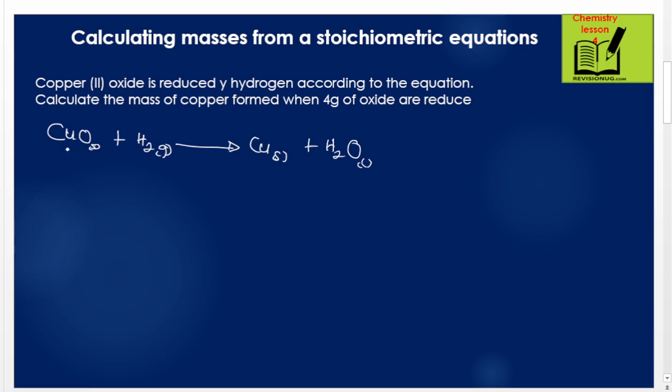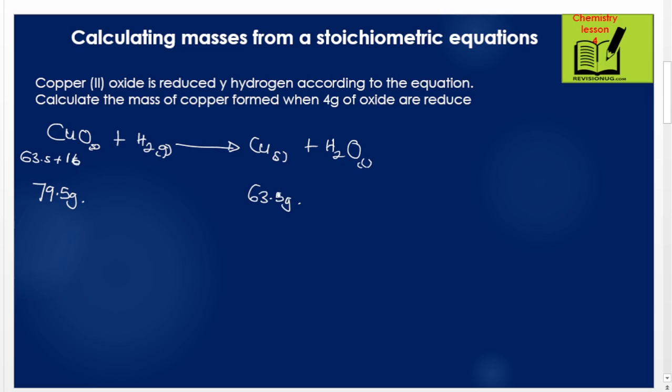Now copper 2 oxide, we are having copper as 63.5 plus oxygen, which is 16, so this is 79.5 grams. Then this copper, it is 63.5 grams.